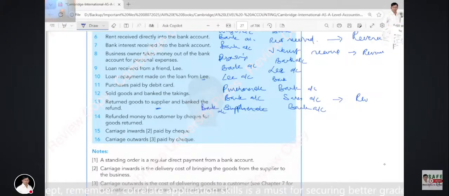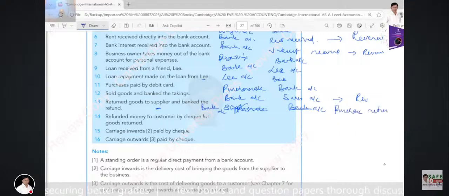And we are returning goods to supplier. It is called purchase returns. It is purchase returns, not supplier. Purchase returns.